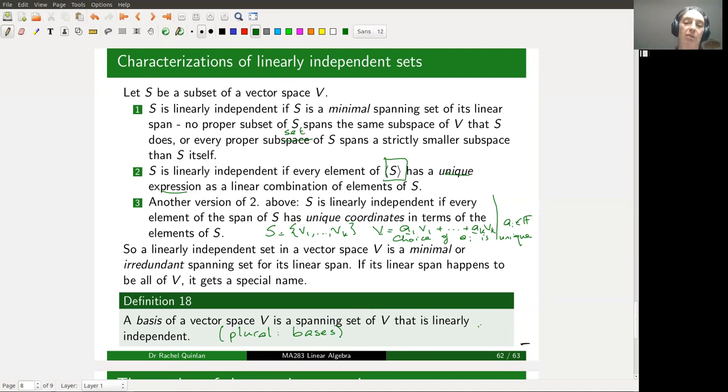So a basis of a vector space V is a spanning set of V that is linearly independent. We will mostly be interested in finite dimensional vector spaces, in which case a basis would actually be a finite set as well, and we can do quite a lot with that. And the fact that everything in our vector spaces can be written in terms of a finite number of elements really gives the whole subject a flavor of discrete maths or combinatorics, even though we are dealing with infinite sets and we're dealing with sets where generally we do have notions like continuity and so on.